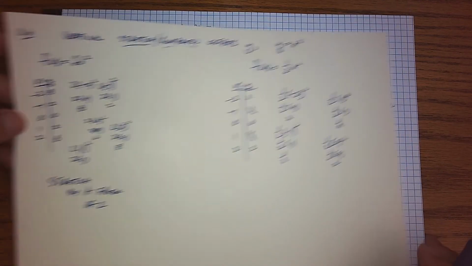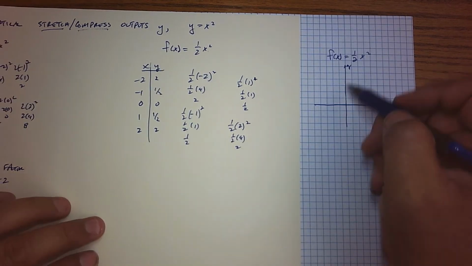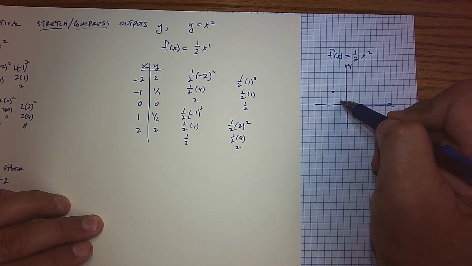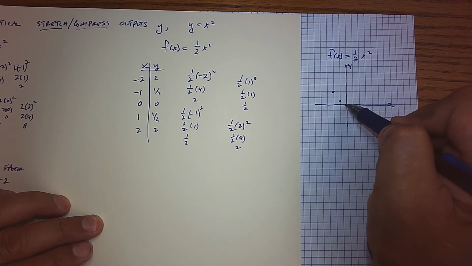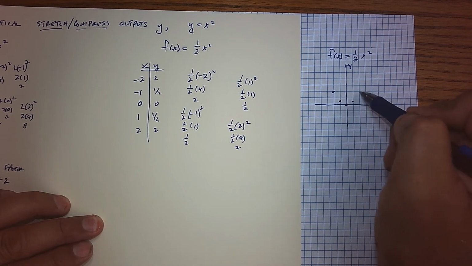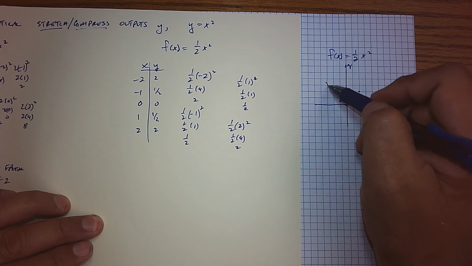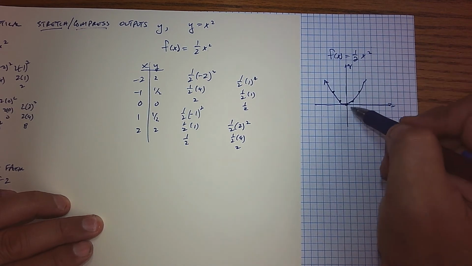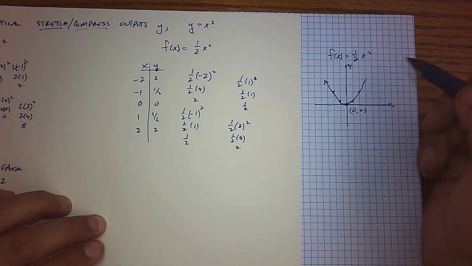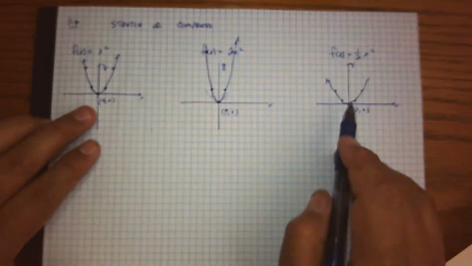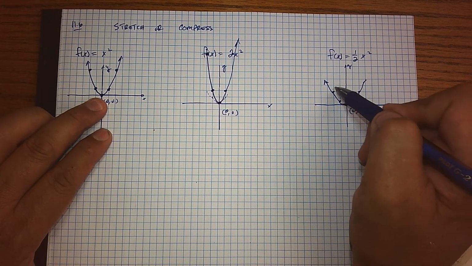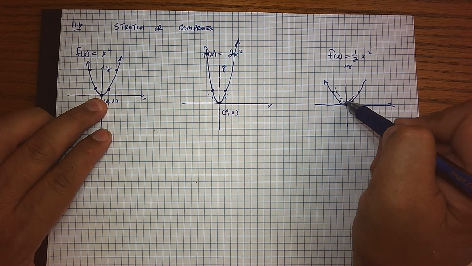So when we go to our grid and graph it, we have -2, 2 that's on the graph. We have -1, 1/2, 0, 0, 1, 1/2, and 2, 2. And so here's what this new parabola looks like when we multiply it by 1/2. Again, you can still see the vertex is 0, 0, but when we compare it to the other graph, it's been kind of flattened. Here's 0, 0, 1, 1. So the normal x squared graph would be right in here.